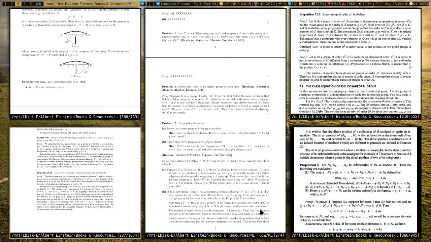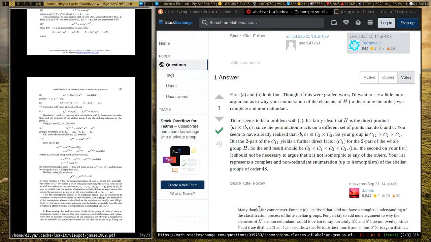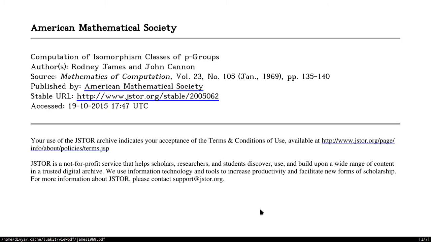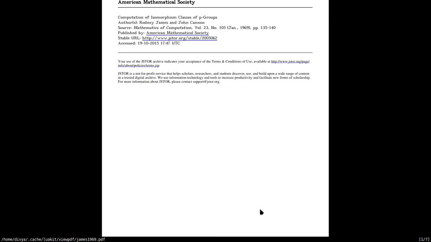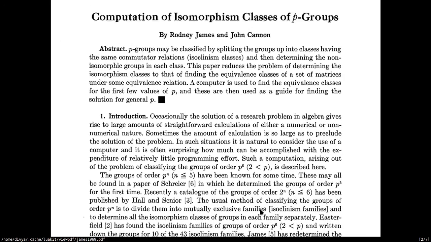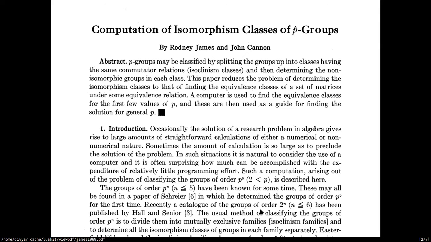By the way, I was going through this paper. Now it is here. So this paper is about computing isomorphism classes of P groups, and they're using some kind of computer to do this.